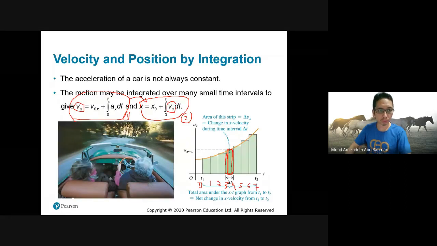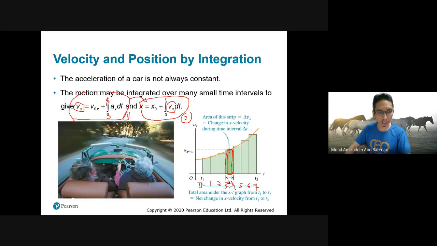For Vx from time 3 to 4, you know what the acceleration is during that time.